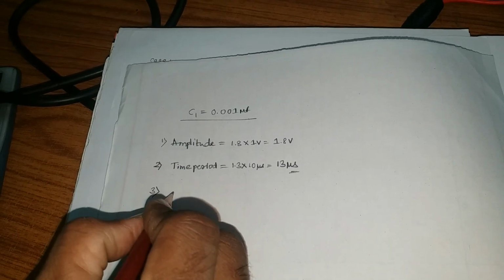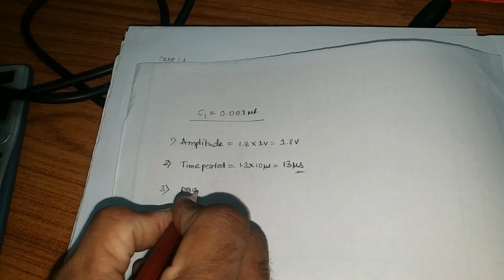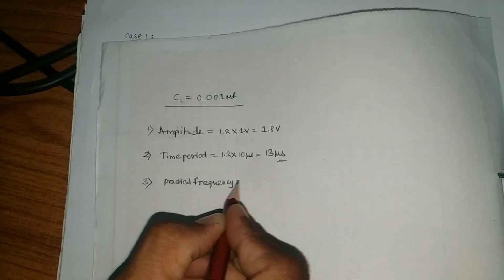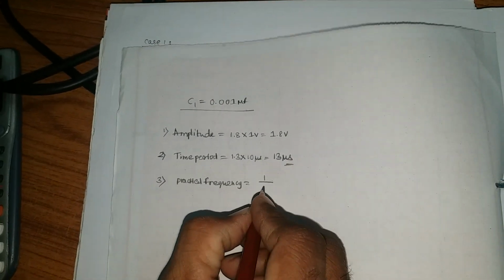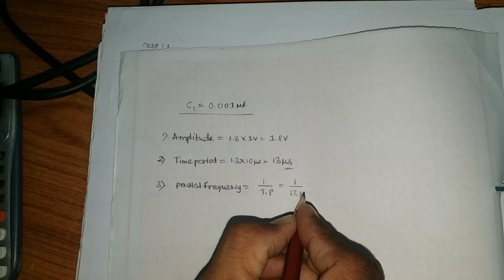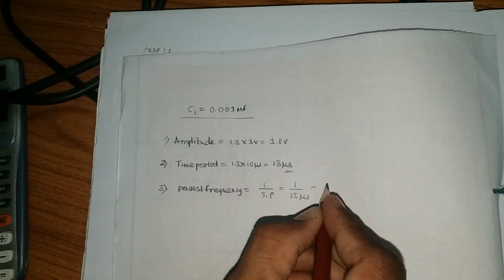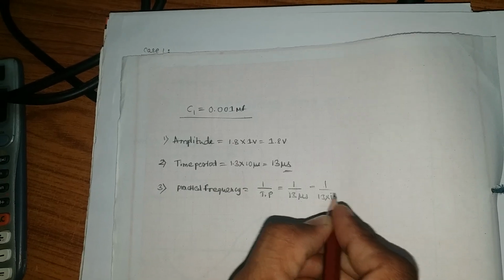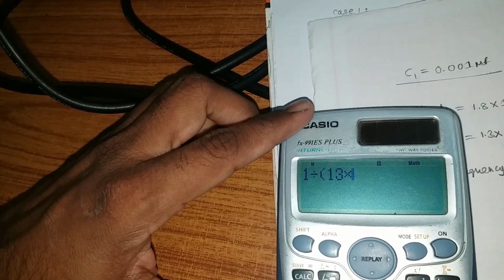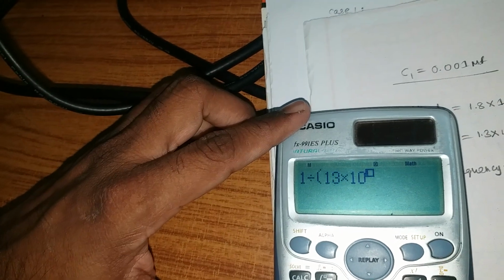Then last parameter, practical frequency here. Practical frequency is nothing but 1 by time period, reciprocal of time period, means 1 by 13 microseconds. Micro means 1 by 13 into 10 to the power of minus 6.